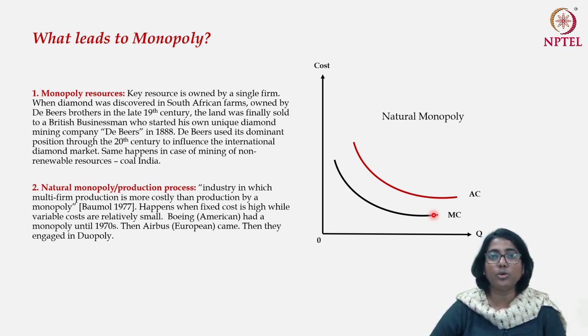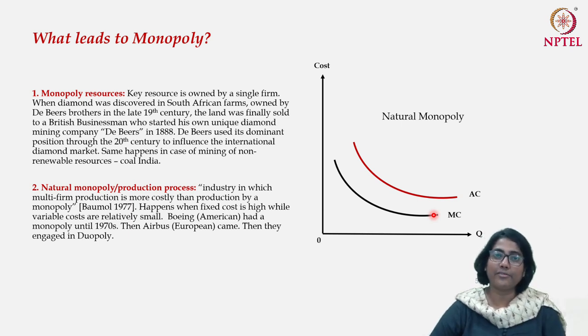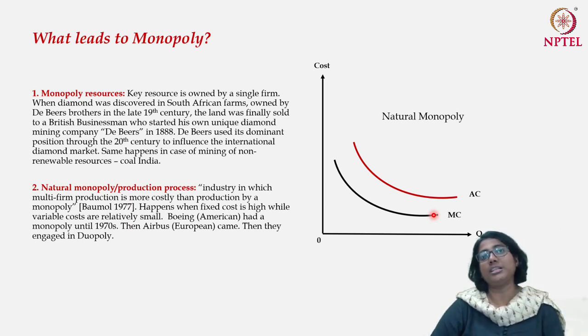So you have to make a huge investment initially in order to be able to manufacture the aircraft. Once you make that investment, the variable cost is insignificant as compared to that. Now, after the 1970s, of course, it has changed. Now you have Airbus as well. So now they have engaged in more of an oligopolistic or duopolistic setup, but that's different.